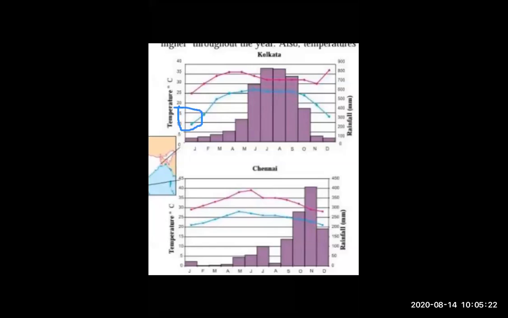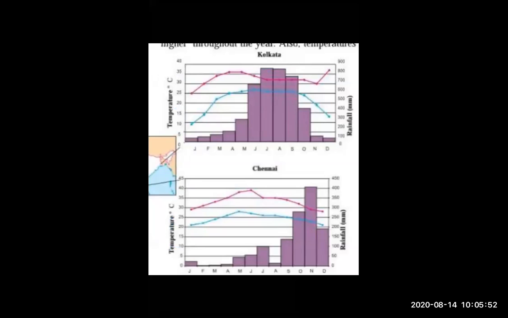Maximum is, look at this, approximately 35. After that, what is the minimum temperature in Chennai? Minimum temperature is 25 and maximum is 40 degrees Celsius.